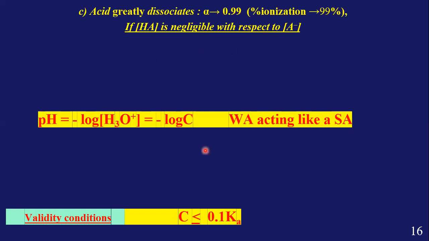And we solved the problem along these lines. We said that in this case, if the concentration is less than 0.1 Ka, we're allowed to say that this acid acts like a strong acid and simply the pH equals minus log of C, the concentration of the acid. So again, where does this come from?